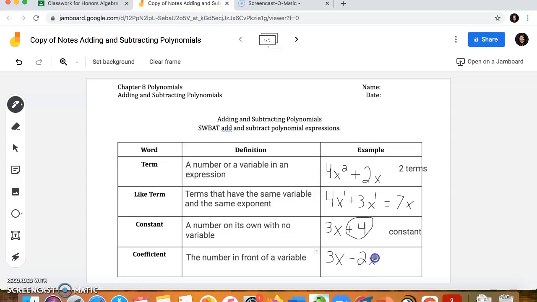The coefficient would be the 3 and that -2. Those are just review definitions that we're going to need. So if you need more time to get this copied down, go ahead and pause the video because I am moving on to the next slide.